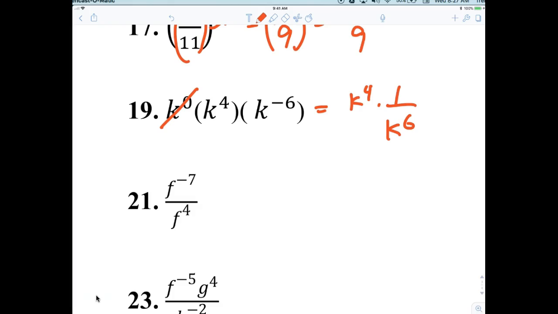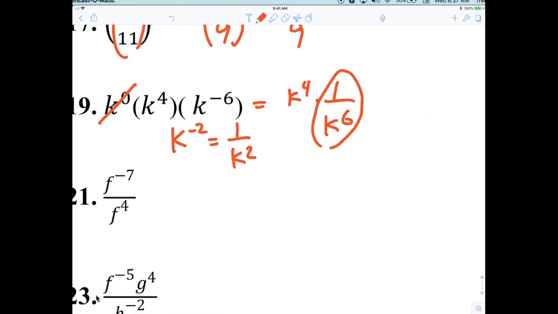So another way to look at that is just to say that's k to the negative 2, which is the same as 1 over k squared. If you look at it like this, you still have 4 k's on top and 6 on the bottom, so you're left with 2 on the bottom. So there's lots of ways to look at things.